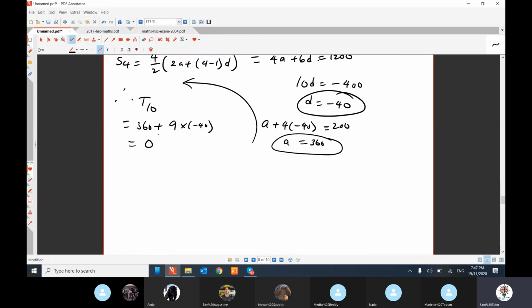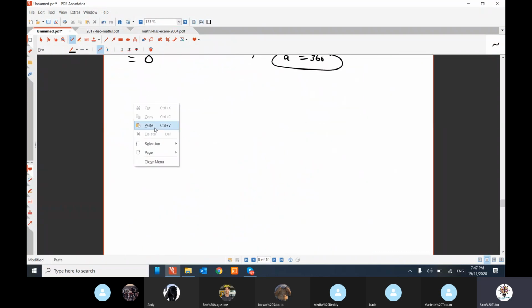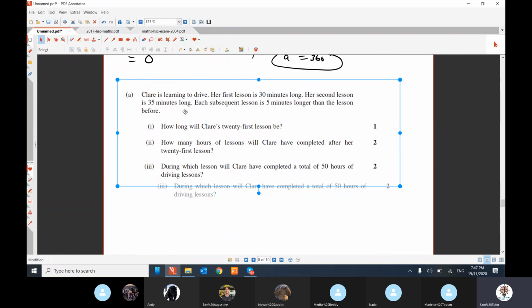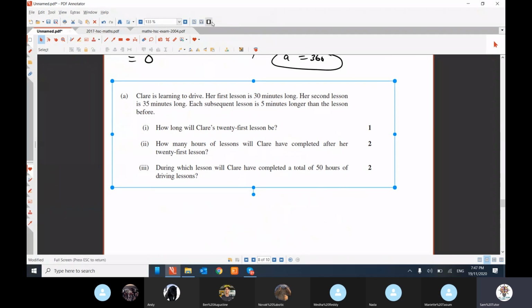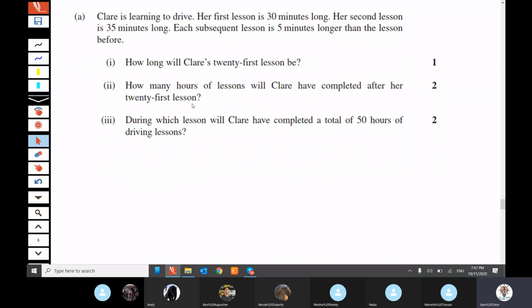All right. Yeah, so easy. Anyways, Claire, good old Claire. She's learning to drive. Her first lesson is 30 minutes long. Her second lesson is 35 minutes long. Each subsequent lesson is 5 minutes longer than the lesson before.